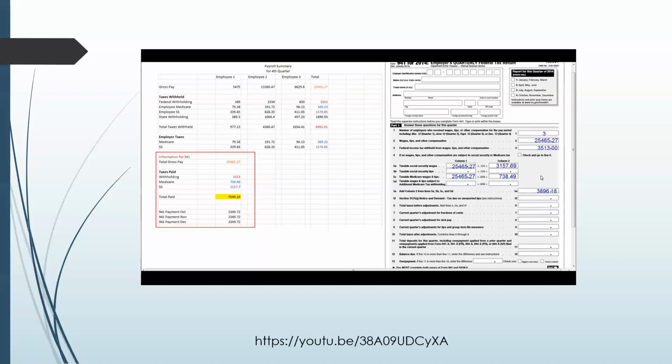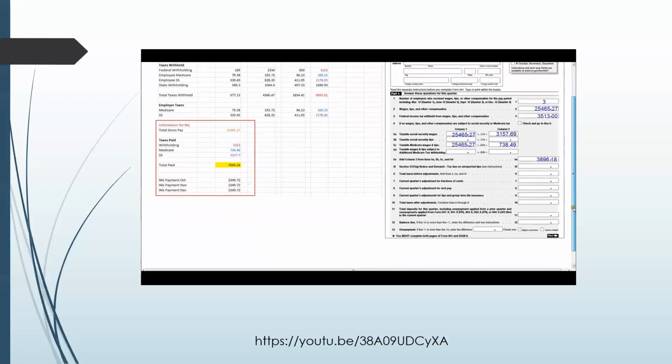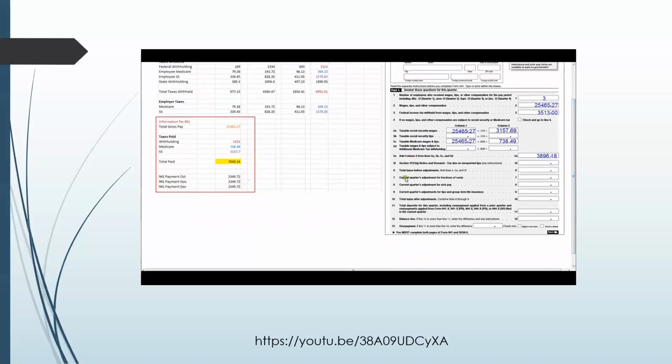5F is tax due on unreported tips. And again, this is something that I don't need to worry about for this business because the employees did not collect tips. So line 6 is the total taxes before adjustments. And for this line, we're going to add lines 3, 5E, and 5F.